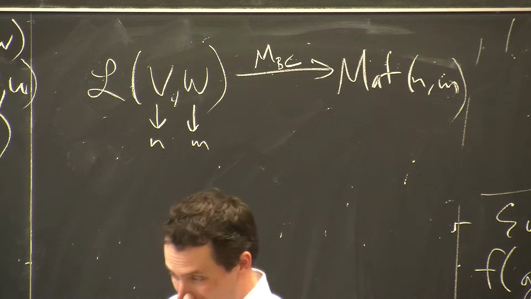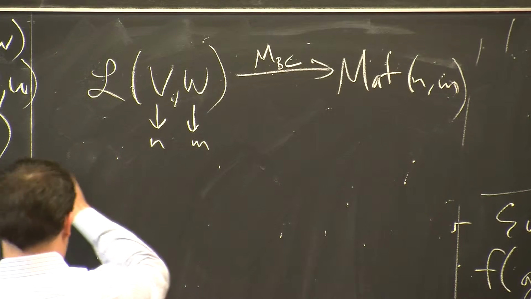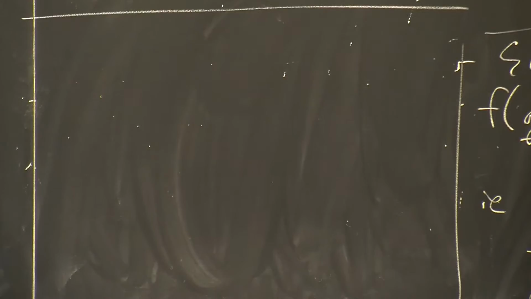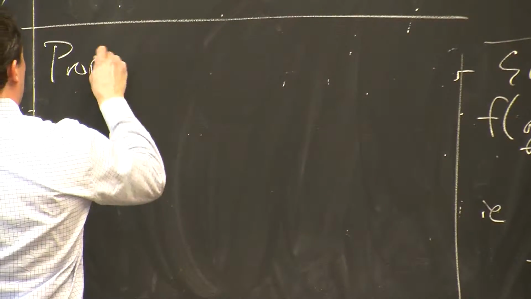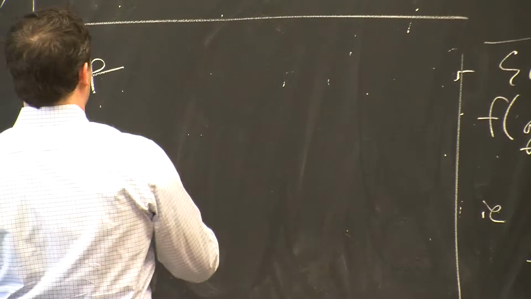So the last thing I think I want to talk about is some propositions. Of course, there's a lot of structure for vector spaces and linear transformations, and so invertibility has many characterizations, especially in the case of endomorphisms.